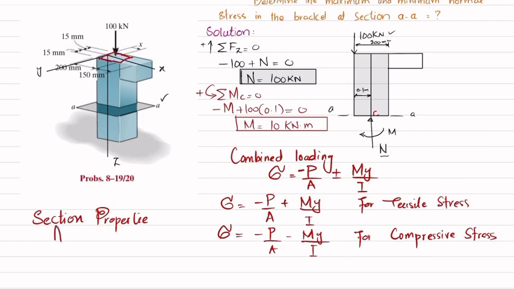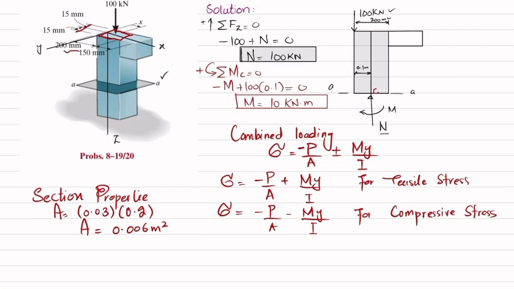So this area is equal to 30 millimeter multiplied by 200 millimeter. 30 millimeter is 0.03 and 200 millimeter is 0.2 meter. So you will get the area equal to 0.006 square meter.